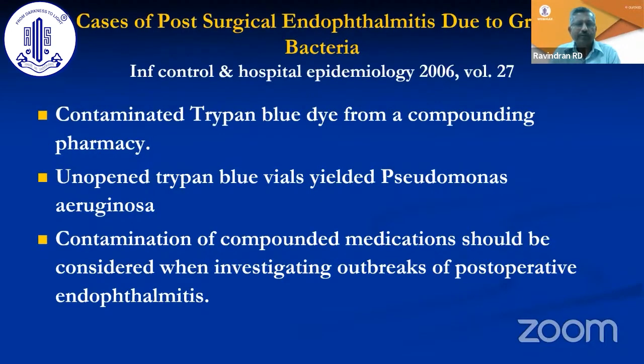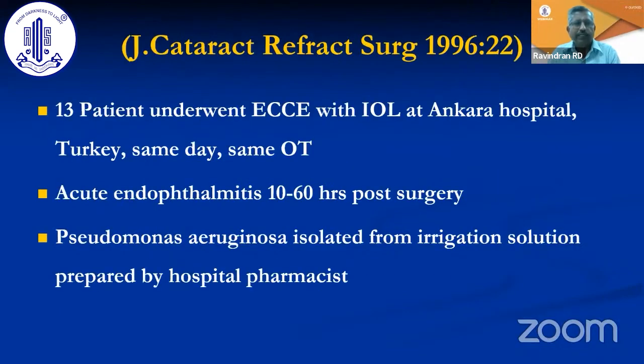There is a paper that talks about trypan blue being contaminated. These were compounded trypan blue in the early days, when it was not available and was made in local pharmacies. Similarly, there is a report from Turkey where irrigation solution was the cause, and they isolated Pseudomonas aeruginosa.